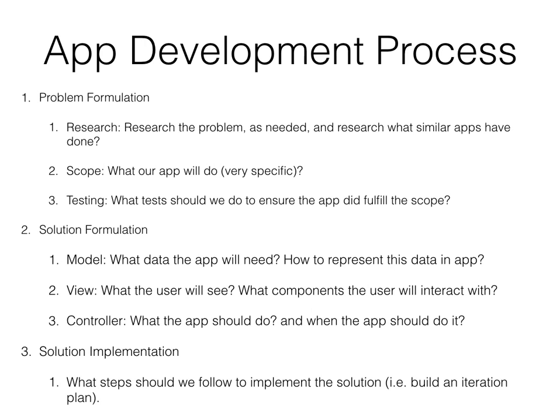In the problem formulation, we do three activities: research the problem. If you don't understand what an address book or managing an address book means, you spend some time understanding the problem. Researching similar apps on the App Store to see what's out there in the market.